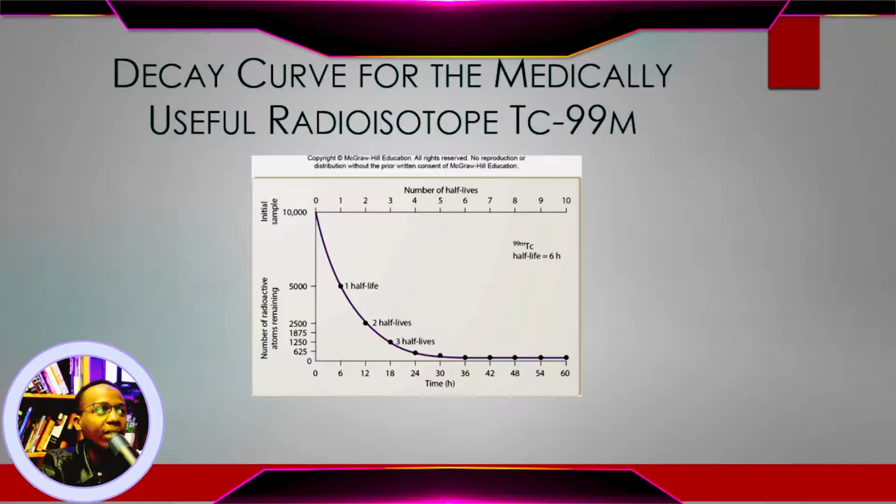So after 6 hours, look, after 6 hours, you have half. After another 6 hours, you have half of that. After another 6 hours, you have half of that, right? So it's really, really easy to calculate half-life when you understand what it is.